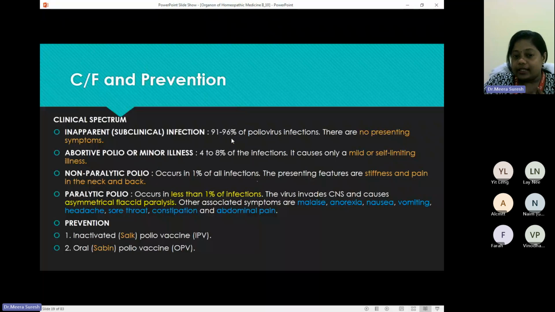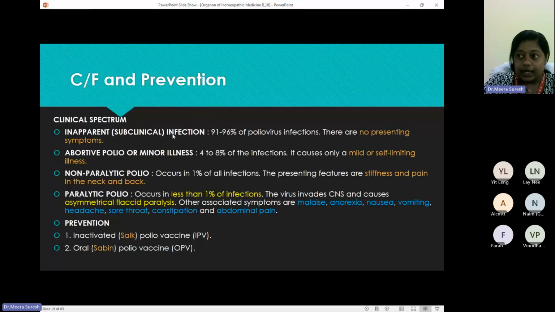So 91 to 96 percent of polio virus infections don't have any presenting symptom. That itself is a danger, because if they are not going to show any symptoms, we are not going to isolate those persons.